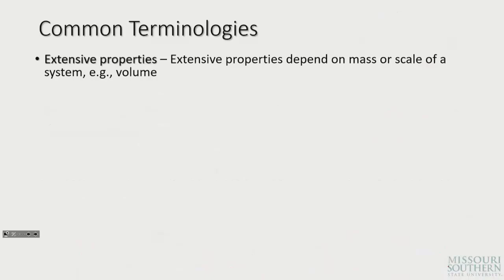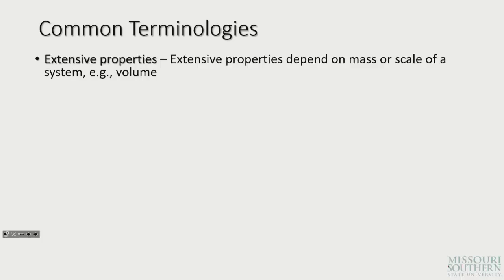So the next terminology that we often use in thermodynamics is extensive properties. Okay, so an extensive property is a property that depends on the mass or scale of a system. For example, volume.